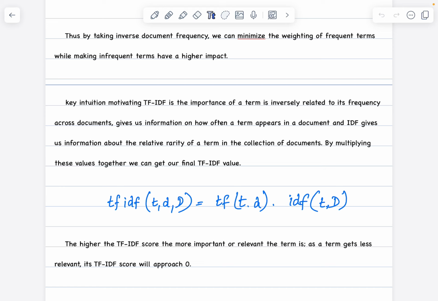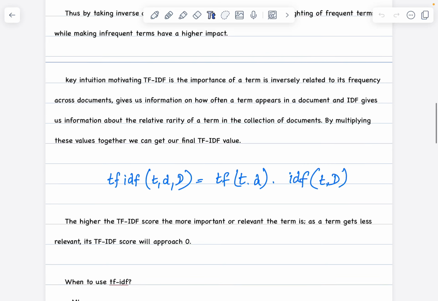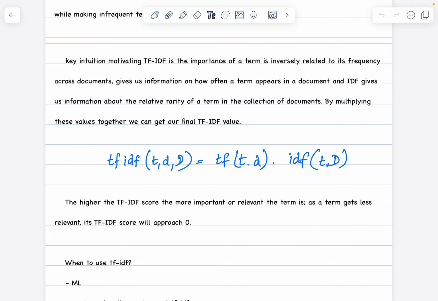The whole formula is nothing but TF of t comma d into IDF of t comma capital D. Capital D is the whole collection of documents, that is your corpus, and small d is a document the term is present in. The higher the TF-IDF score, the more important the term is.